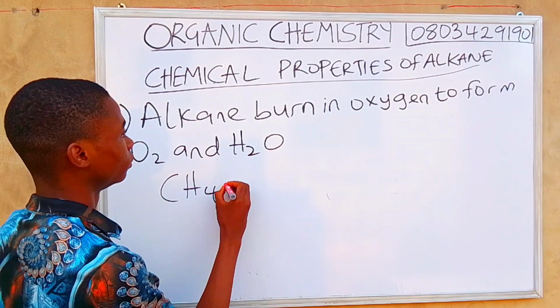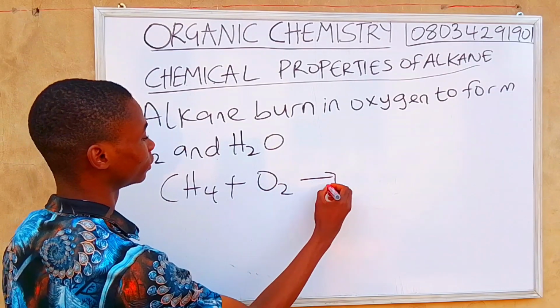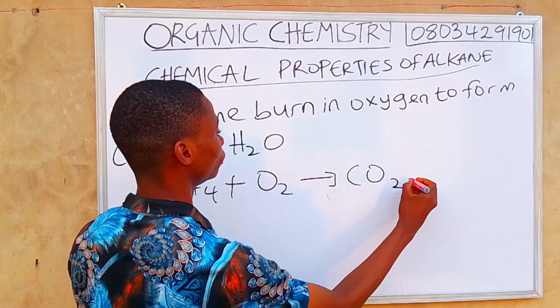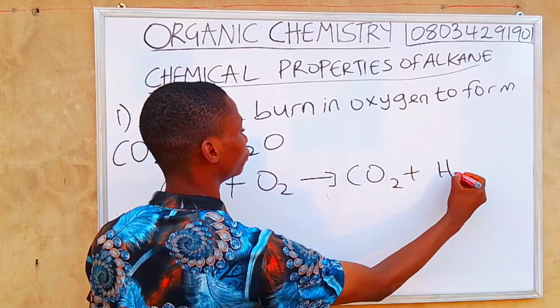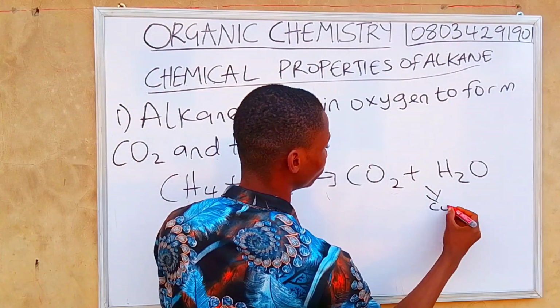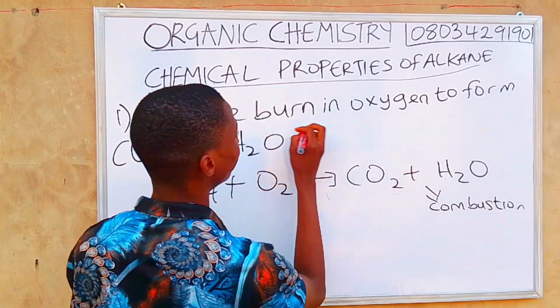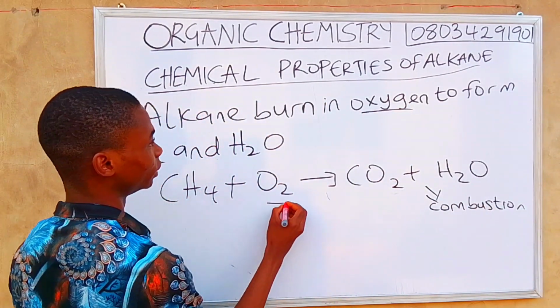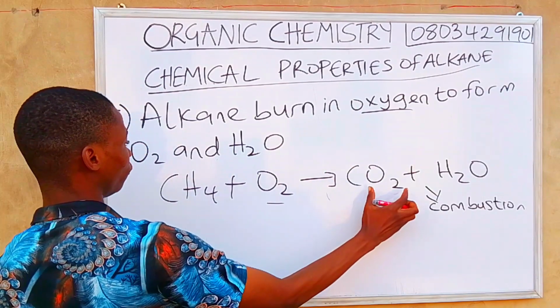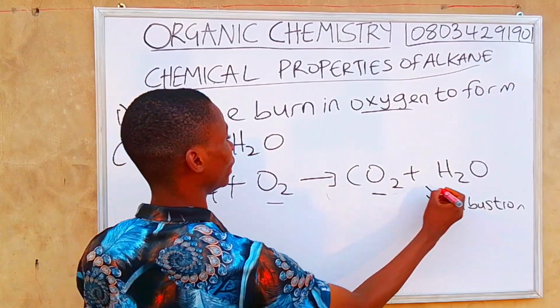CH4 plus O2 will give us CO2 plus H2O. So this is the combustion. Alkane burning in oxygen, this is the oxygen, to form the products CO2 and H2O.